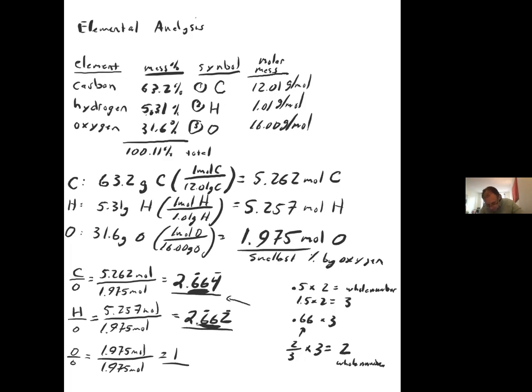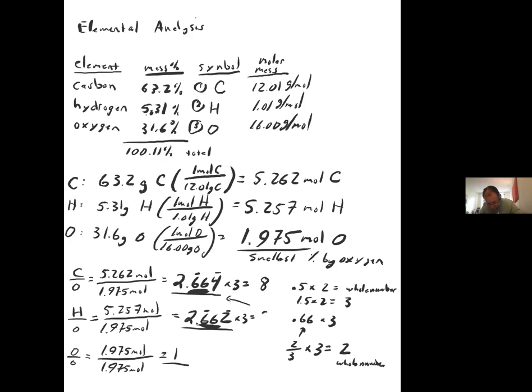So let me multiply these by 3. So 2.66 times 3, and you get 7.992, which is about 8. I'm going to multiply this one by 3. 2.662 times 3, and you get 7.986, so very close.